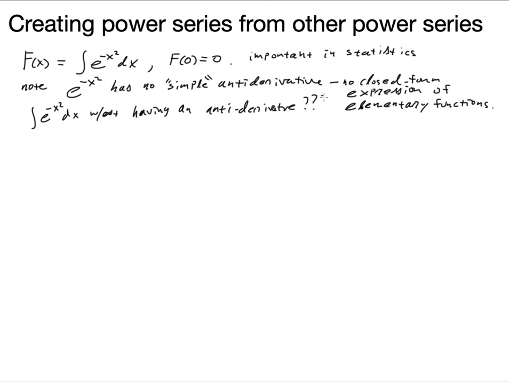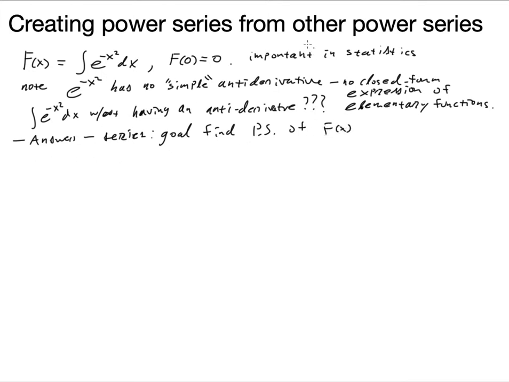So I want to know that question. Well, the answer is, we're going to use series. We're going to use power series. So that's our goal here, to find our power series of f of x.